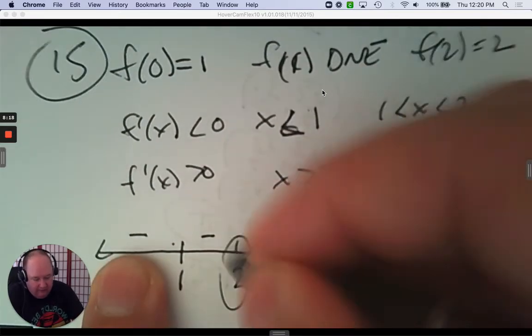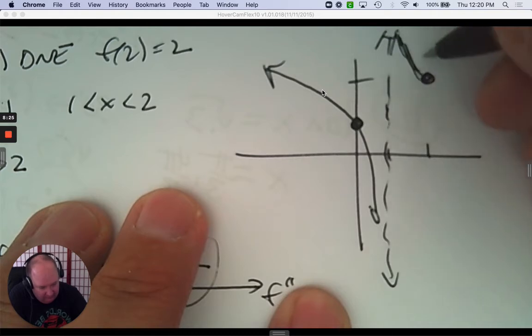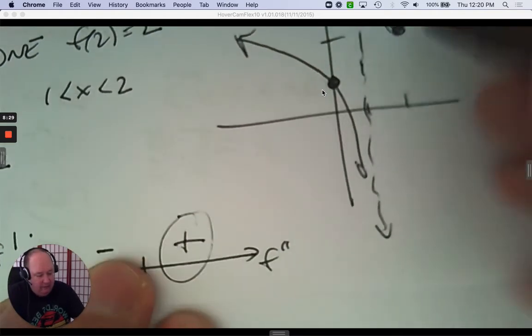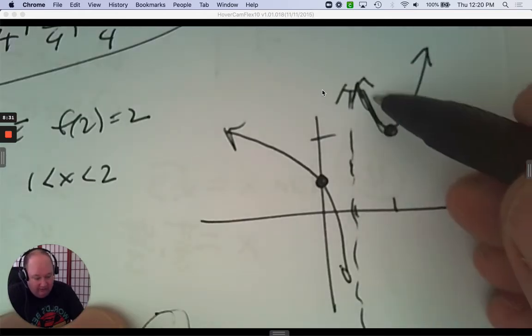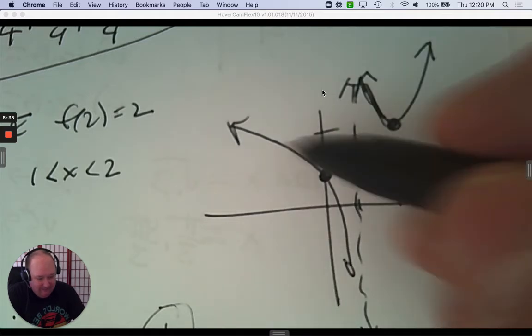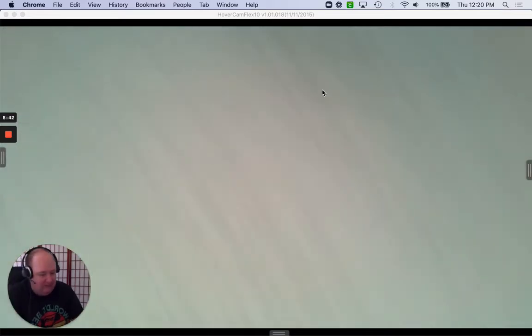We actually have a minimum at 2. So it's going to look something like this, where we have it decreasing and then increasing. We have concavity. So that's what the graph would look like: decreasing, concave down, concave up with a turning point. Done. Number 16.